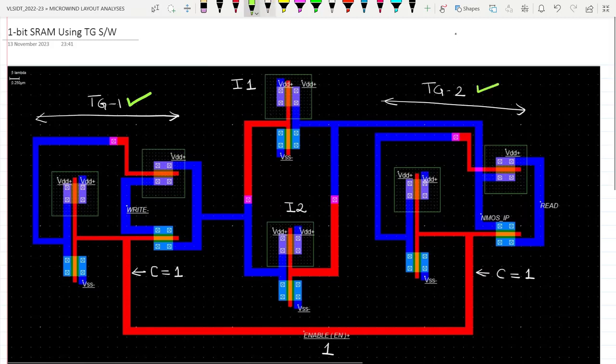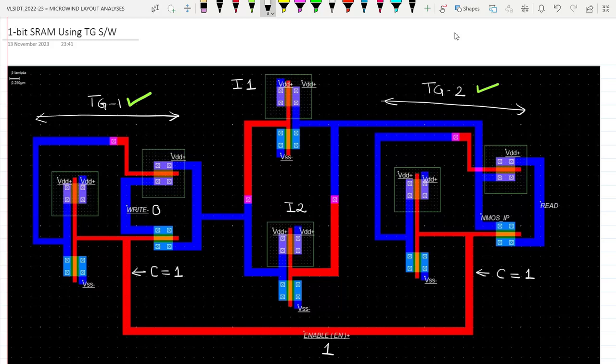Now, write line is equal to 0. As we know, a transmission gate transmits a 0 as a strong 0 and 1 as a strong 1. So the input node of transmission gate 1 is the write line and the output node of transmission gate 2 is the read line.